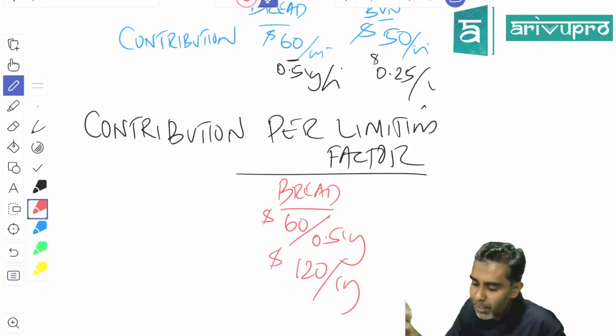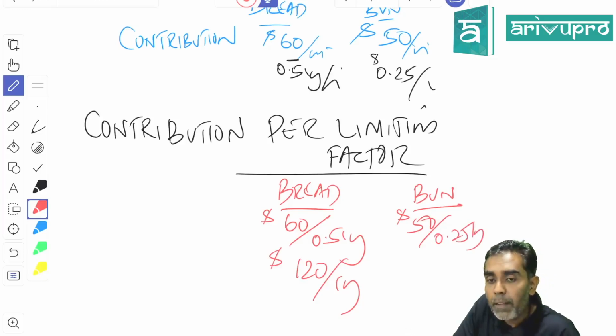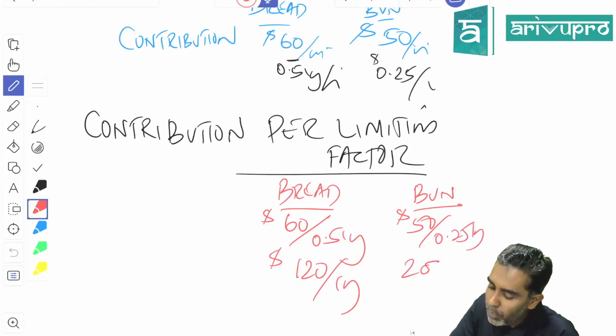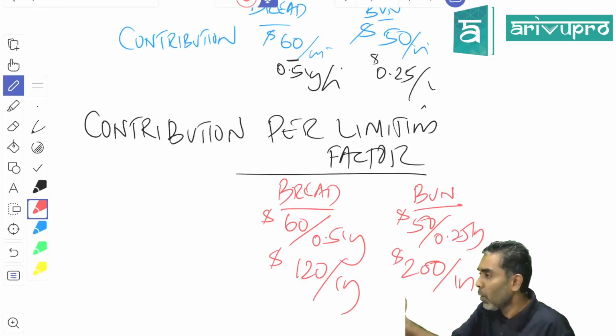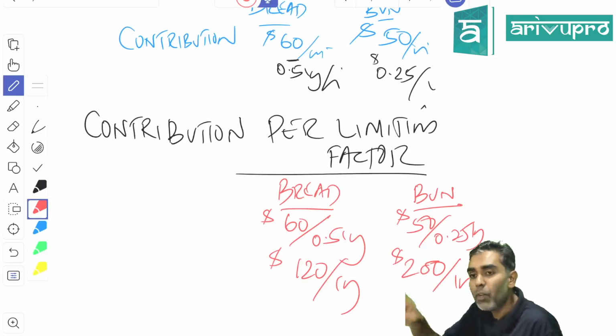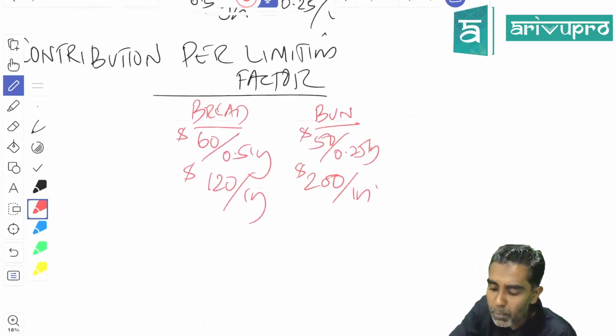120. If you look at bun, $50 after giving 0.25. Therefore, every 1 kilo would give you $200 per kilo. Whenever you give 1 kilo to bun, that gives you a contribution of 200. Now you tell me, what is the most lucrative product?